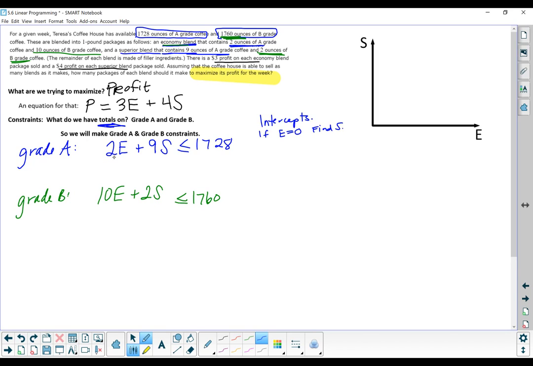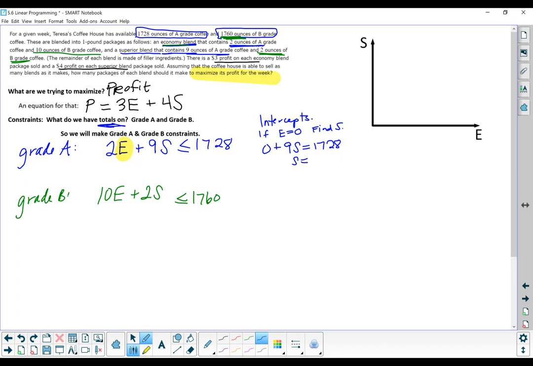So if E is 0, we get 0 plus 9S, and for the sake of finding the intercepts, I'm just going to use equals 1728. So I subbed in 0 right here, so I got 0 plus 9S. If I want to solve that for S, I just need to divide by 9.